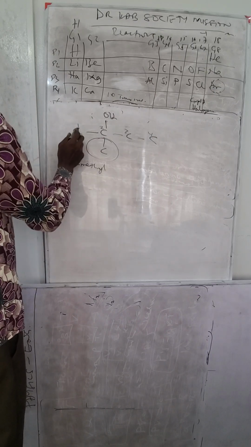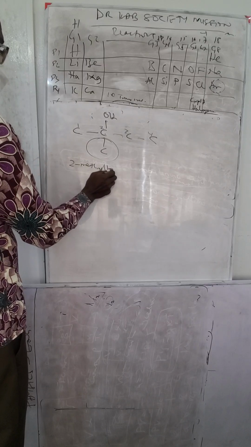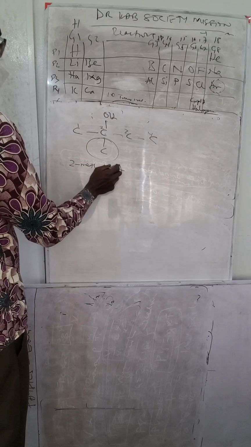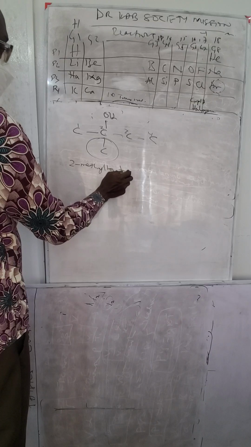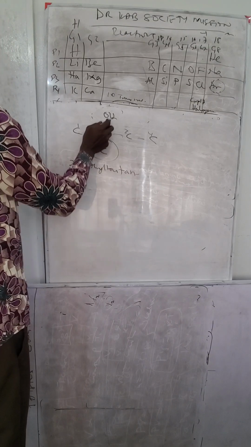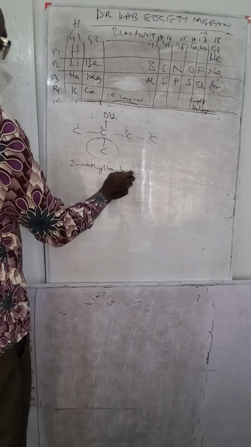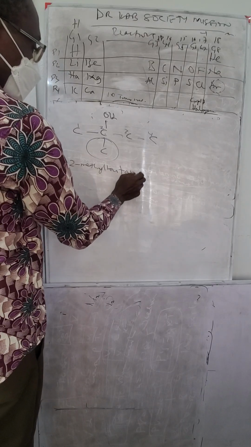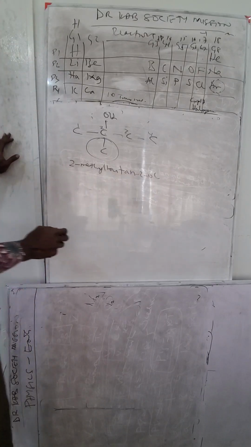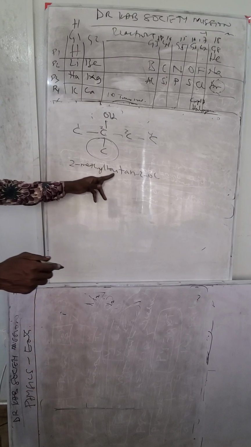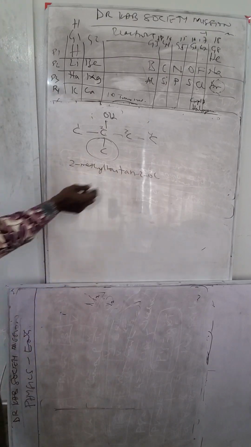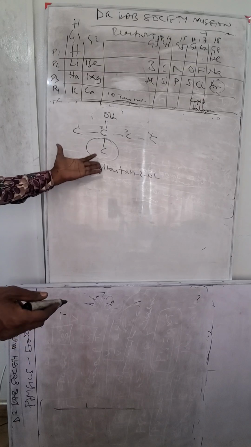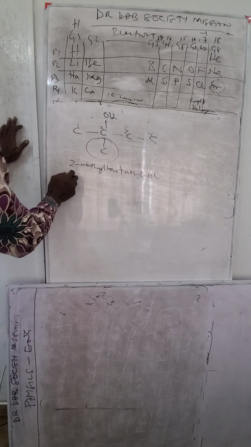So the name, how many carbons? 1, 2, 3, 4. So 2-methyl butanol. What's the position of the OH? 2. 2-methylbutan-2-ol, or somebody will say 2-methyl-2-butanol.